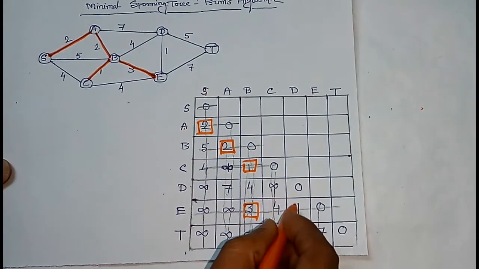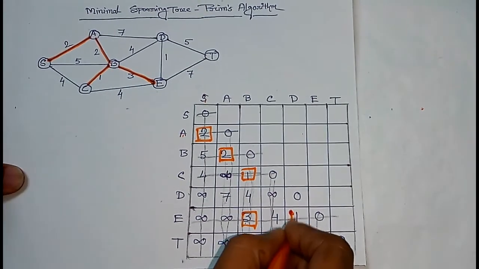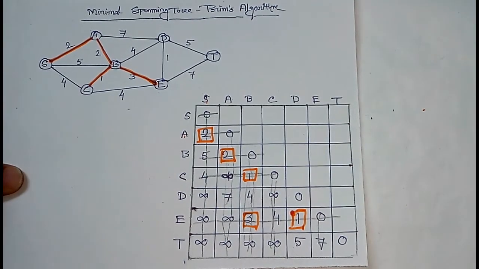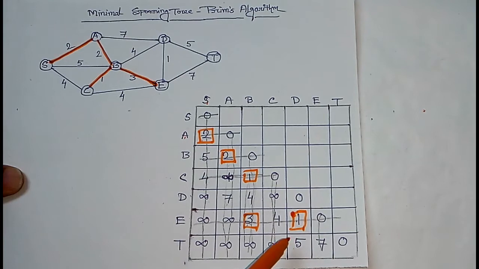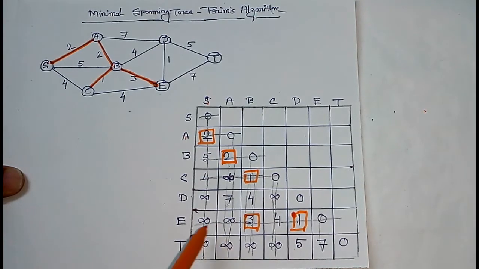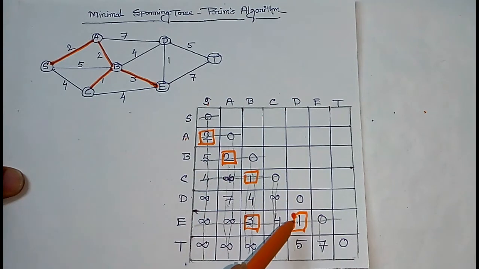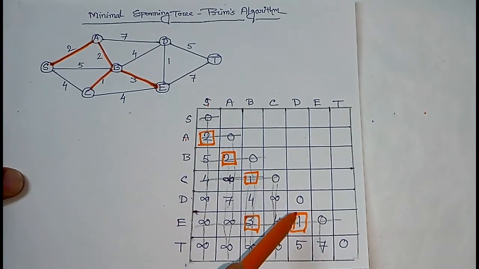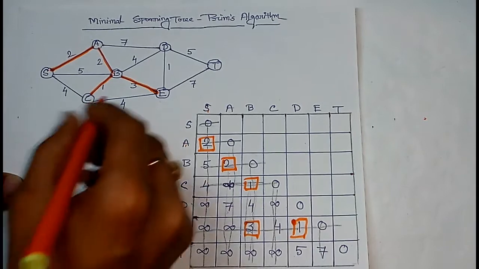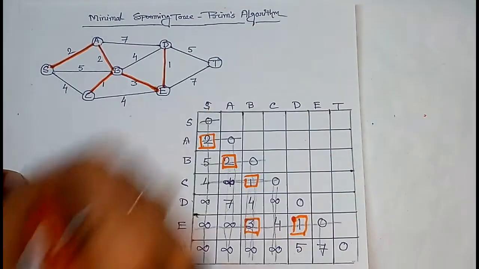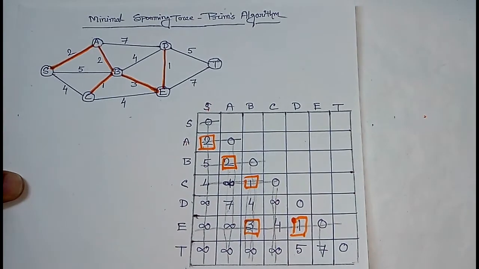Hence we select this 1, and this 1 corresponds to the row of E and column of D. That means we have to add one edge between D and E. So here we are adding one edge between D and E.